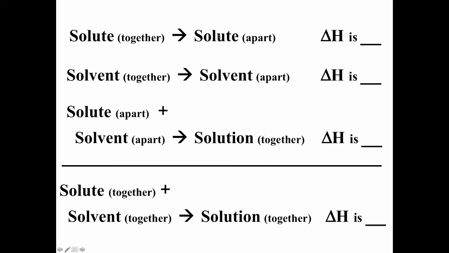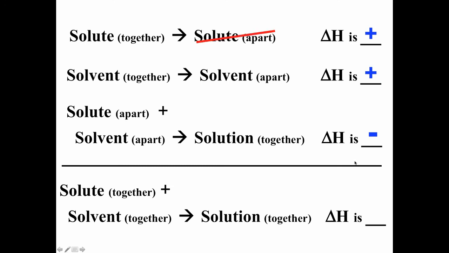But to pull a solute or a solvent, a bunch of molecules apart, both of those are going to require energy. They'll be endothermic steps. But then putting them back together again, so we have a bunch of separated particles and then they draw back together, they attract each other, and they give off some energy. That's an exothermic step.